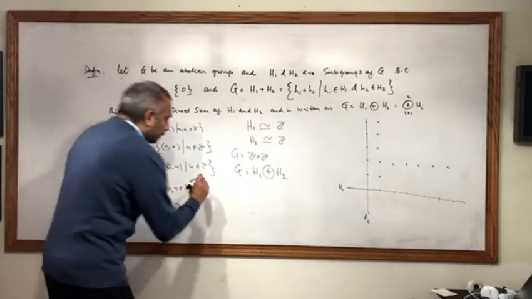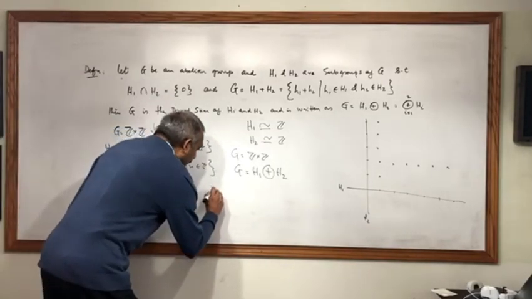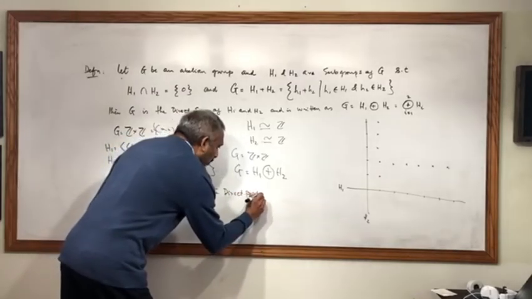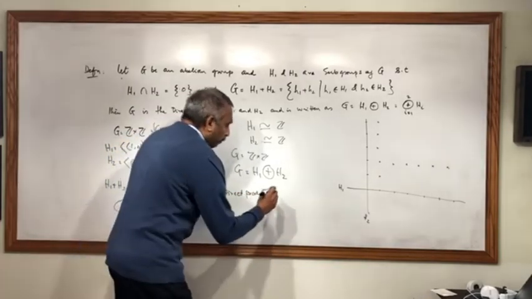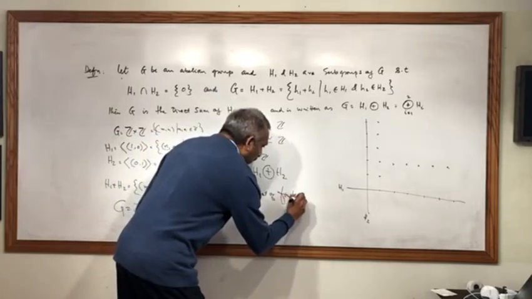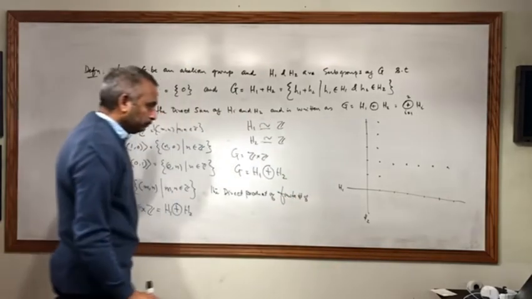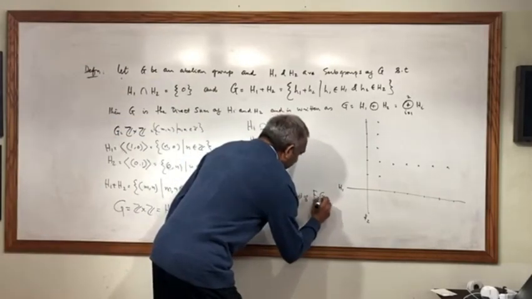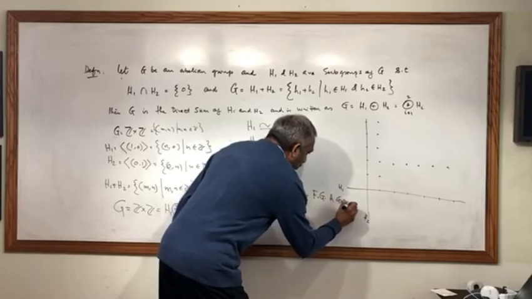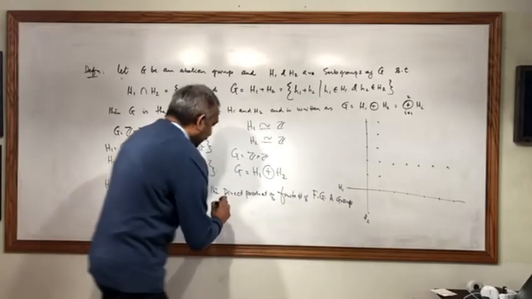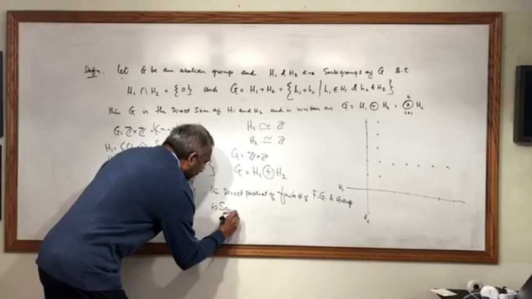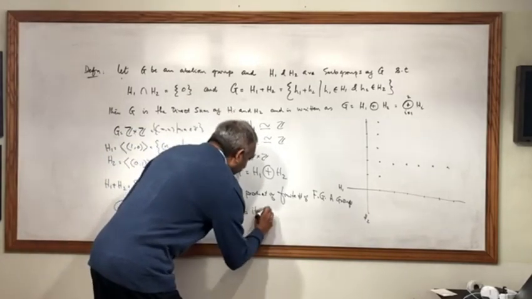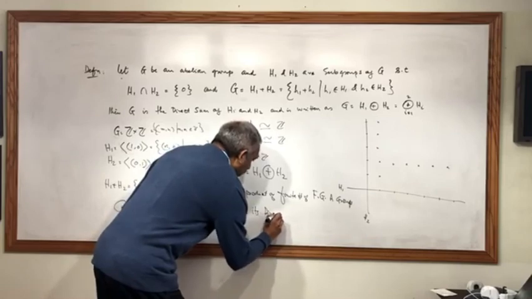That means the direct product of a finite number of finitely generated Abelian groups is same as its direct sums.